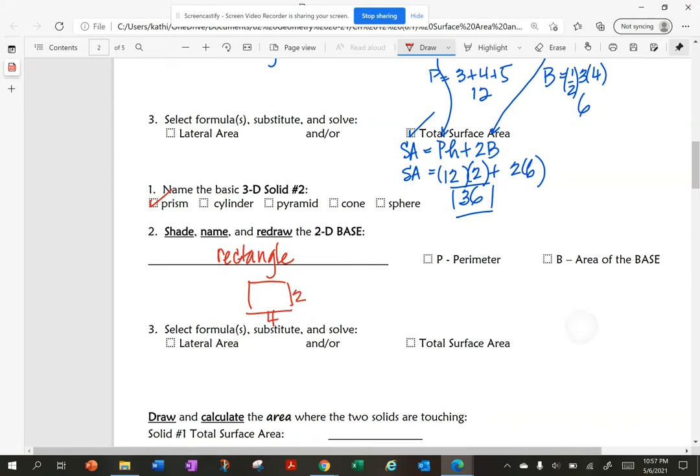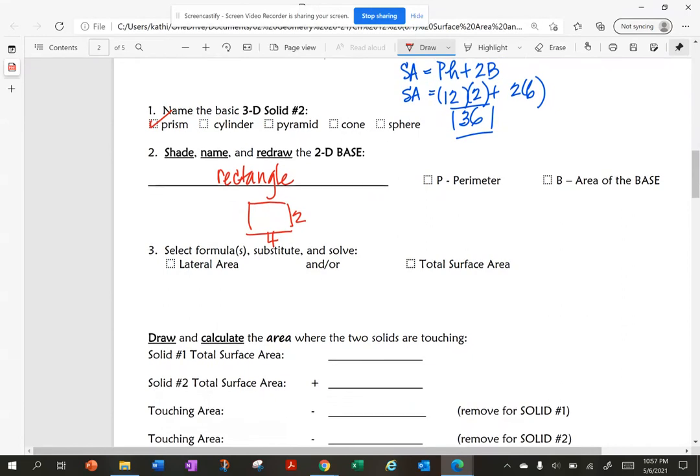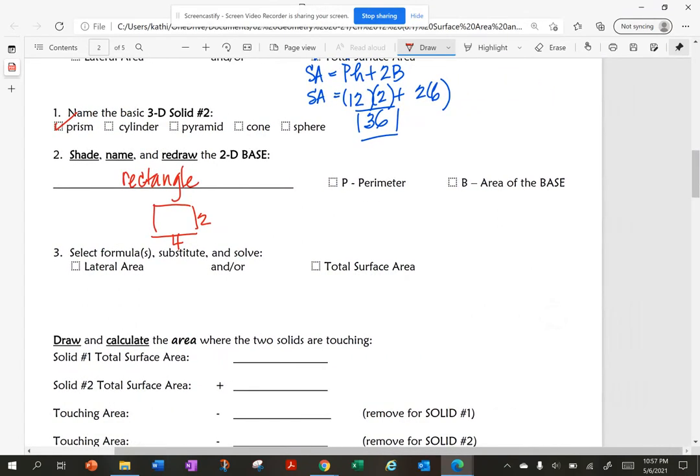So I have a rectangular prism, and we know that all prisms have the same formulas. So my formula is the same. My surface area is P times H plus 2B. Again, I need to solve for perimeter and area of the base.